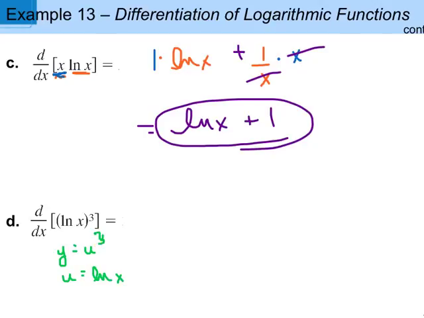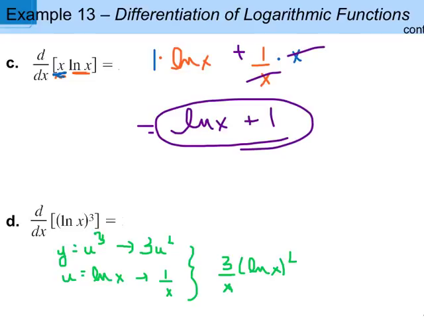So the way you use the chain rule to find those derivatives is you take this derivative, you take this derivative, and you multiply them together. 3 times 1 over x times u squared, there's my u squared, and then this just simplifies basically to what you're looking at.